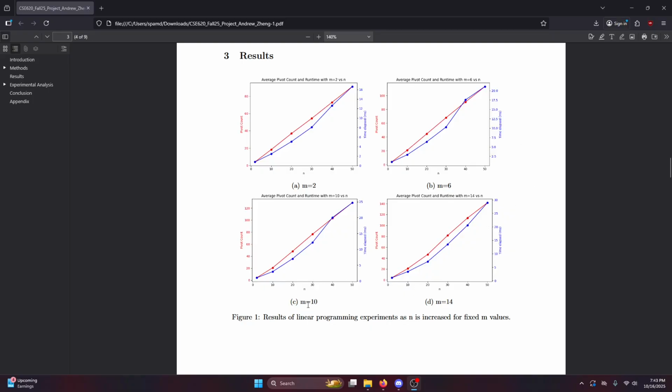Holding the number of constraints constant and varying n, we see a linear relationship, which is very consistent among all of the m values tested, the only difference being that the slope of the line is steeper with higher m's. This is maybe not too surprising.